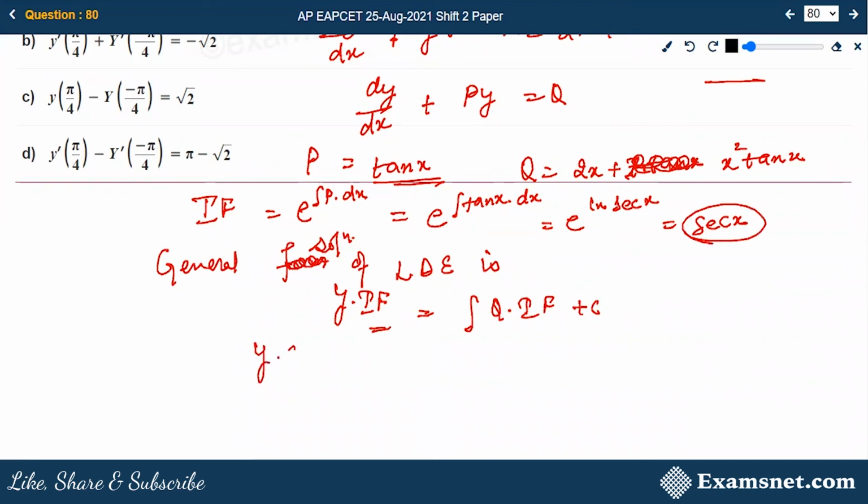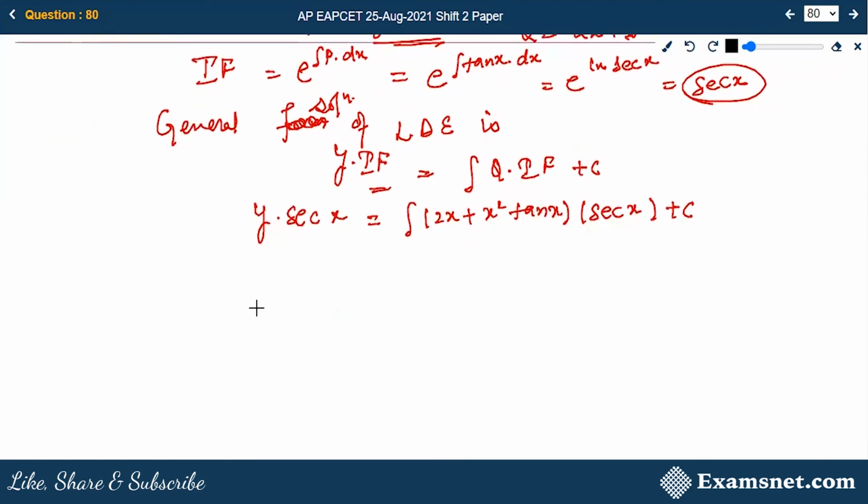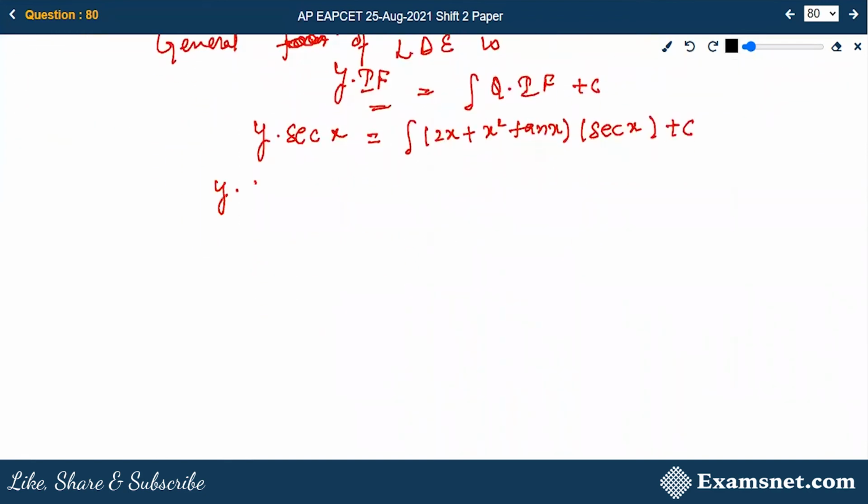So y into secant x is integral of 2x plus x square tan x, into integrating factor secant x, dx plus c. So y into secant x is equal to integral of 2x secant x dx plus integral of x square tan x secant x dx plus c.